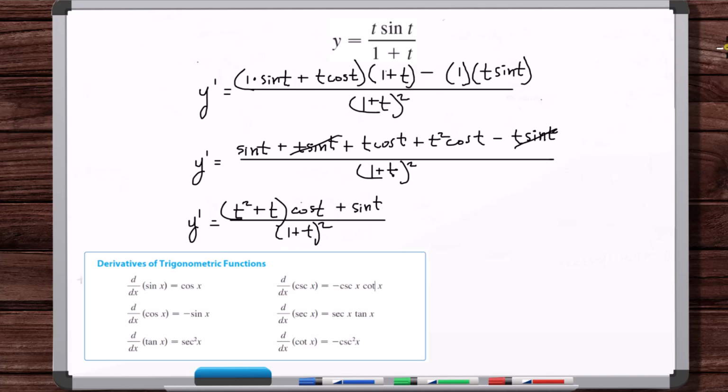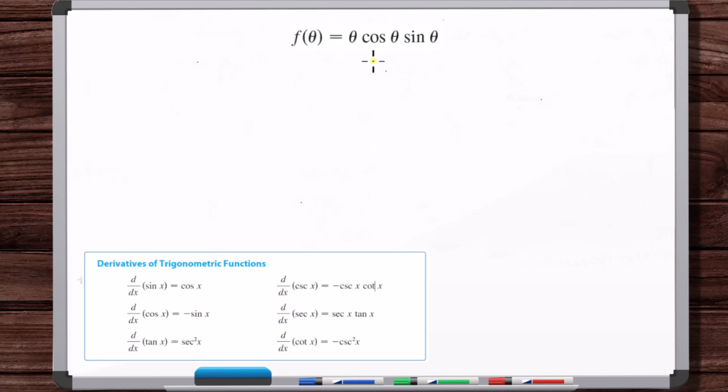Okay, that's the derivative. Okay, we're going to have to use the product rule here. We'll say that this is g theta and this is h theta. Okay, so the derivative of the first, so the derivative of g theta is what? So now we have to use the product rule here.